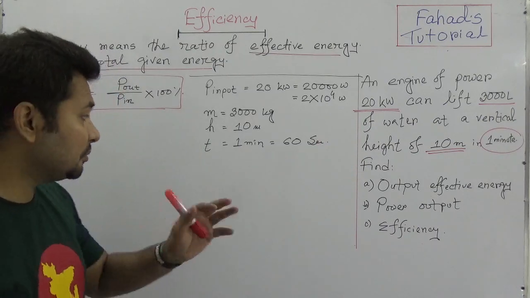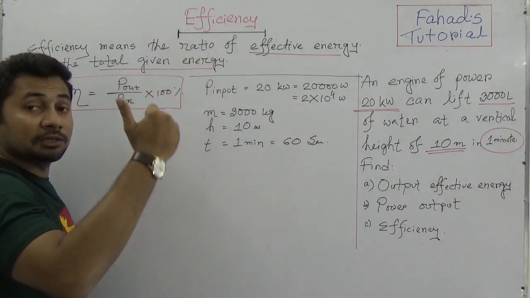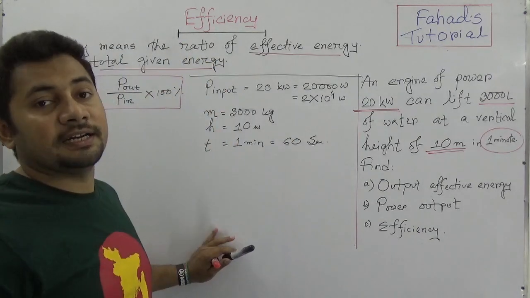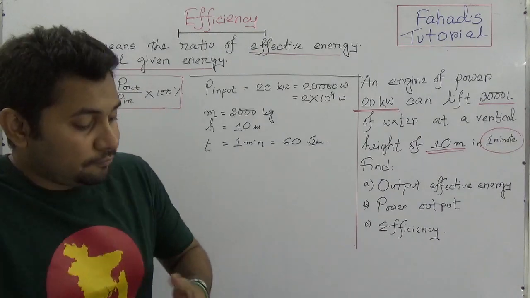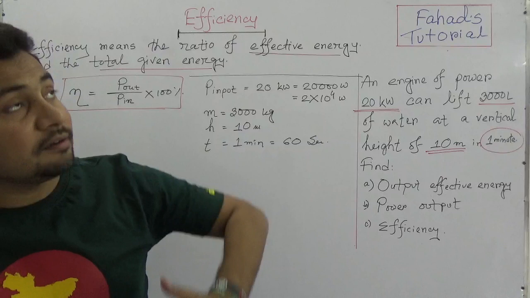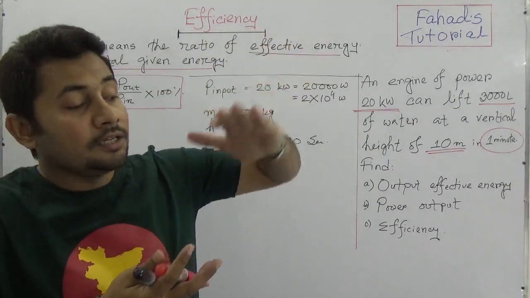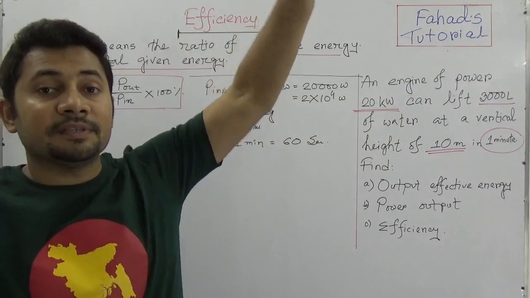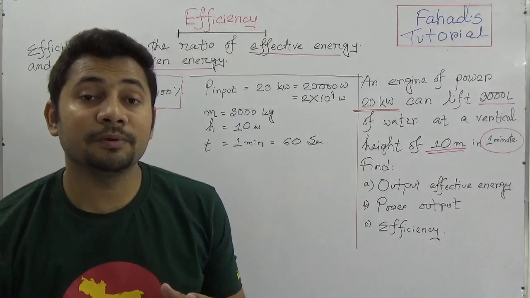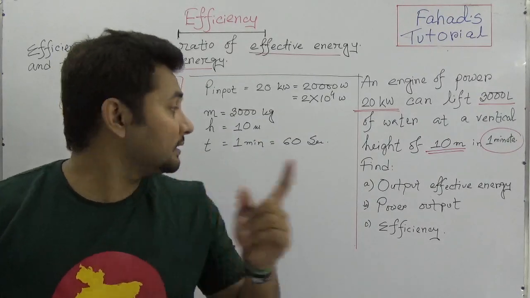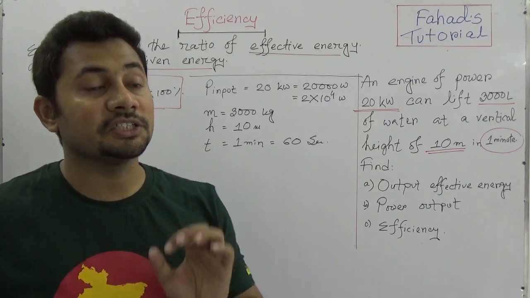To find the output effective energy, we need to know that the effective energy is equal to the potential energy of the machine, because it's lifting water from the ground to a height, working towards moving something from the ground upward. That is why, when we need to find the output effective energy, we think of this as the potential energy.